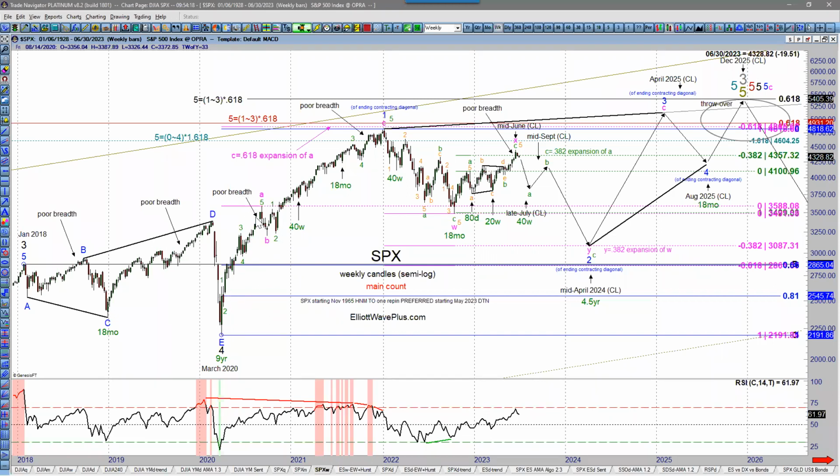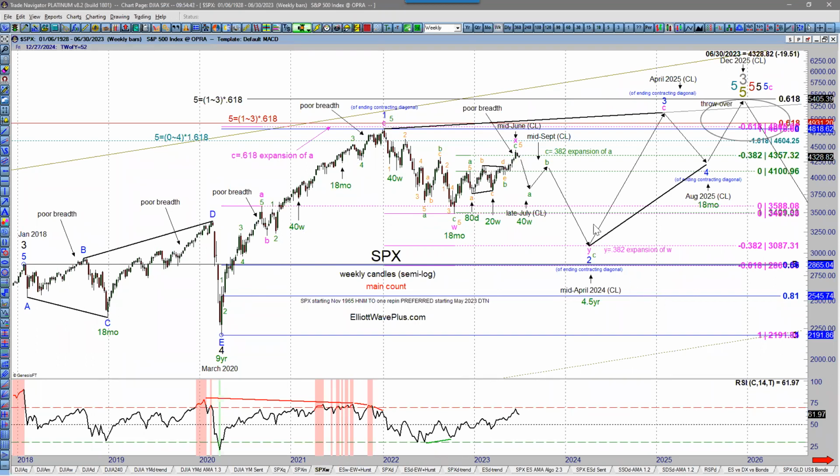We had poor breadth here, but that ended up not being as meaningful, but it was meaningful. The market moved sideways for a month, 6 weeks or so. And then we saw very poor breadth during the fifth wave of that zigzag up into the all-time high. And now we're seeing it again.